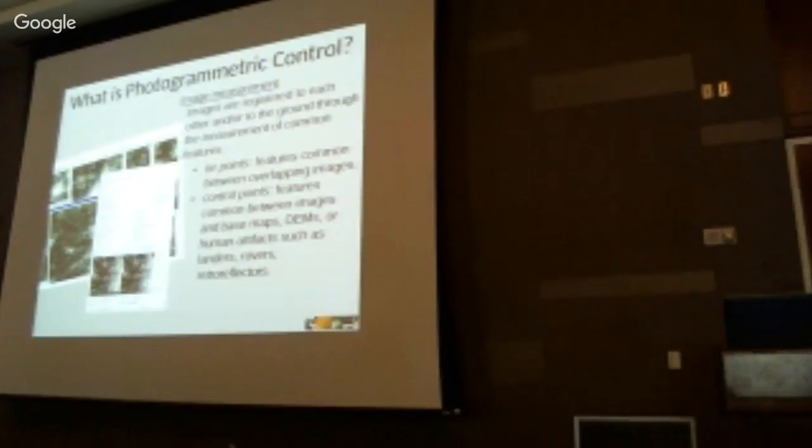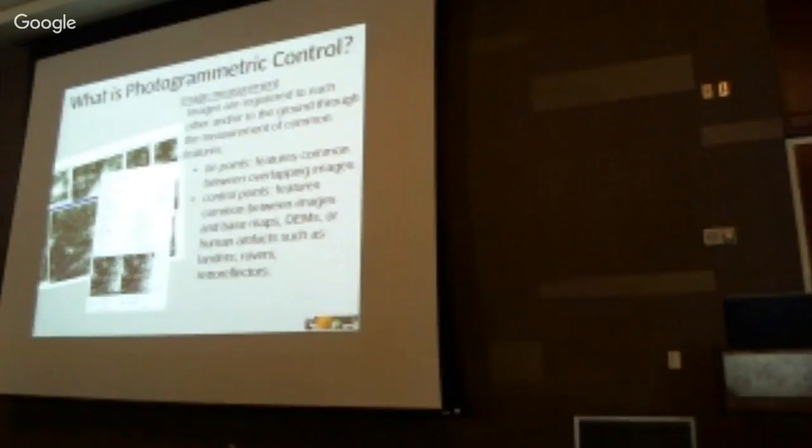And how do we do it? Well, Tammy said it was easy. We measure images, and we register images by measuring features that are common to overlapping images. We may measure control points on the surface, features that are common between images and, say, base maps or digital elevation models. In the case of the moon, human artifacts: landers, rovers, retroreflectors.